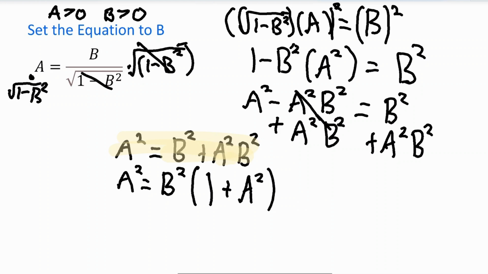Now we have these two terms together, and we want to get b by itself, so let's divide by this term, 1 plus a squared, on both sides.